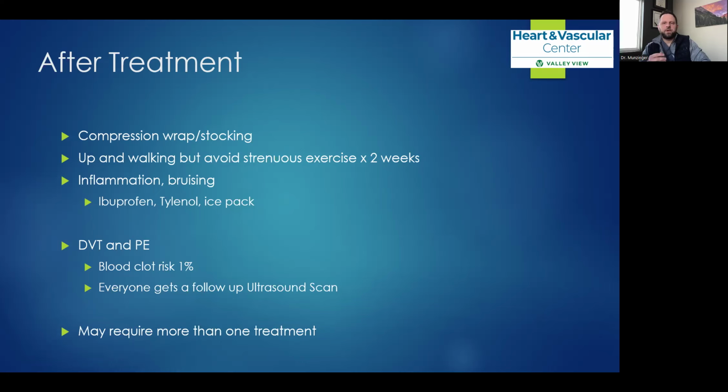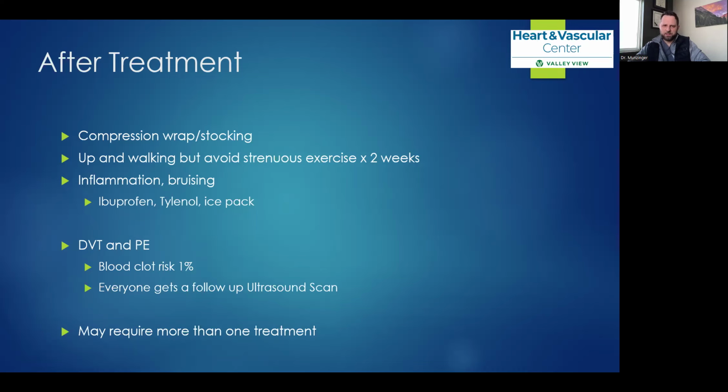The risk of deep vein thrombosis or pulmonary embolism is quite low, no greater than 1%. And then everyone receives an ultrasound test after a vein closure procedure to ensure that there is no DVT or deep vein thrombosis. We also use an ultrasound scan at the time of the procedure to ensure that there's no deep vein thrombosis at that time.